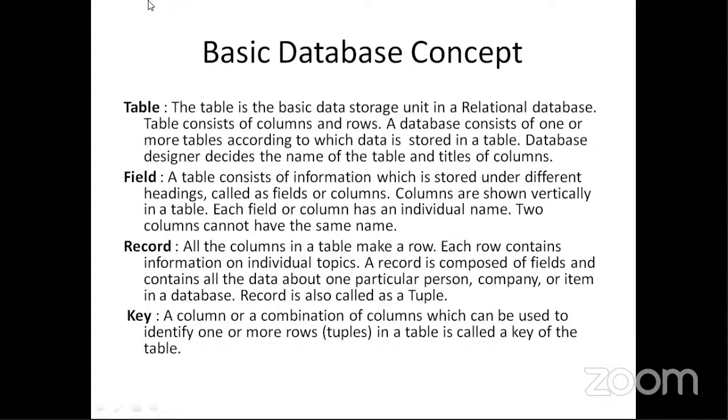Then what is a key? There are two types of keys: the primary key and the foreign key. A column or a combination of columns which can be used to identify one or more rows, or tuples, in a table is called a key of the table. These are the different basic database concepts.